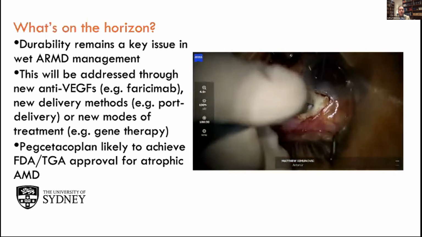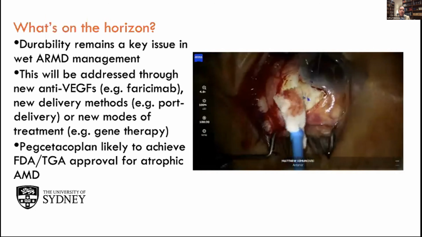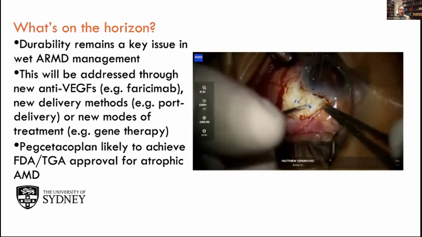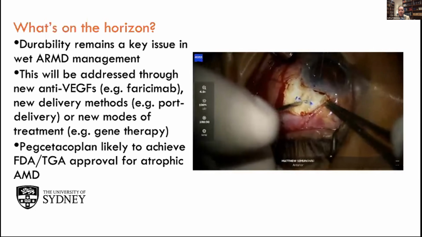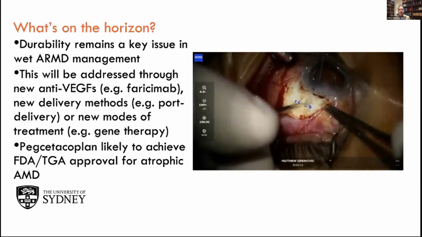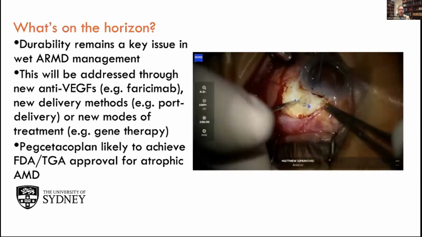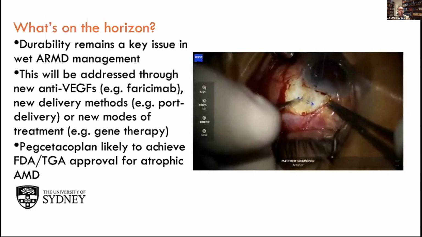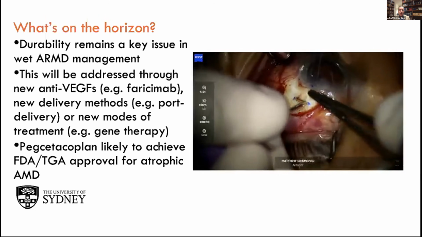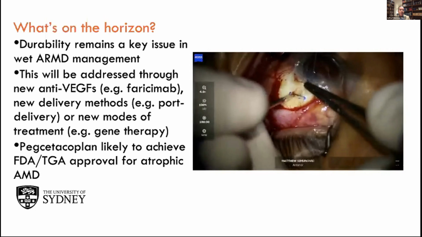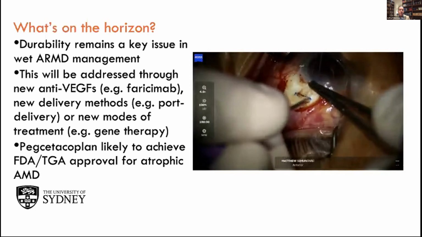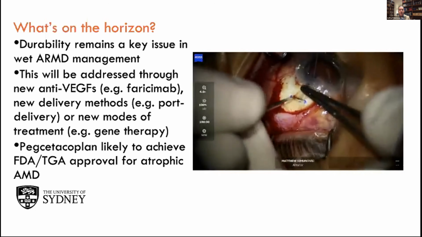It's more or less a depot device or a little pot which continuously releases ranibizumab into the vitreous cavity. Other approaches are also being developed, including gene therapy. And I mentioned earlier on that in the not too distant future, there may be active treatment for patients with atrophic macular degeneration.